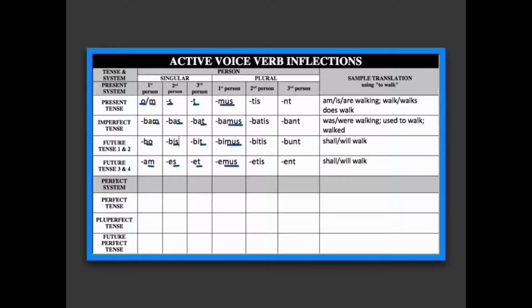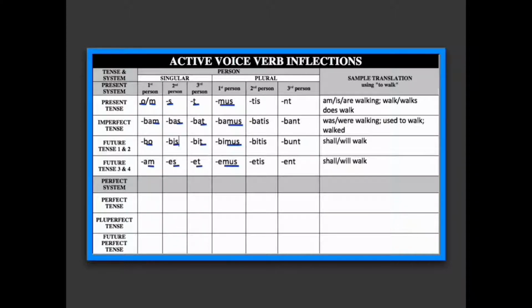The next column on the chart is for the second person plural. This is also the pronoun subject you in English. Sometimes we'll say y'all, but it is not necessary. We just need to remember that you is the subject. TIS is the inflectional ending that represents the subject you.